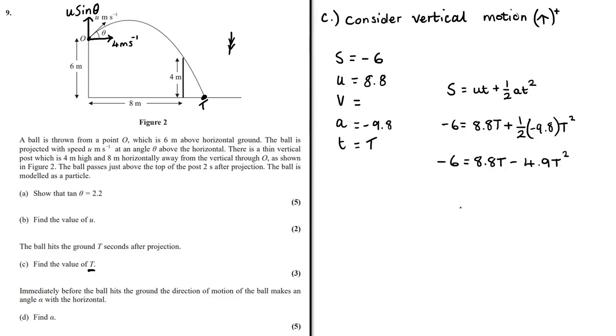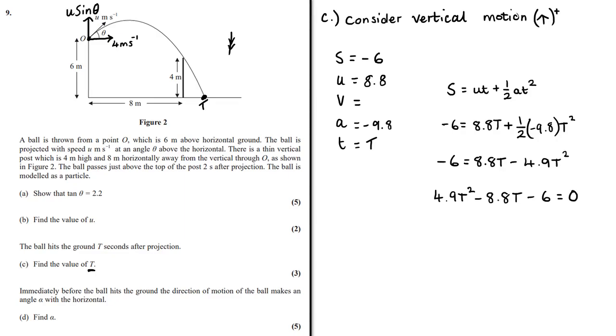Okay, so what can we do here? Well, notice we've got this quadratic equation here. So what I want to do is set this equal to 0 and go on to solve this. So making this T squared positive, so taking this and this to this side, I'm going to get 4.9 T squared minus 8.8 T, and then I've got minus 6, and this is all equal to 0.